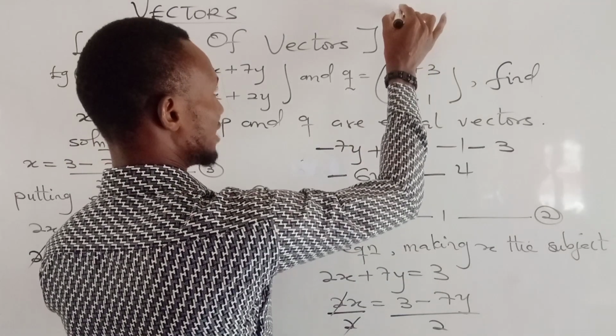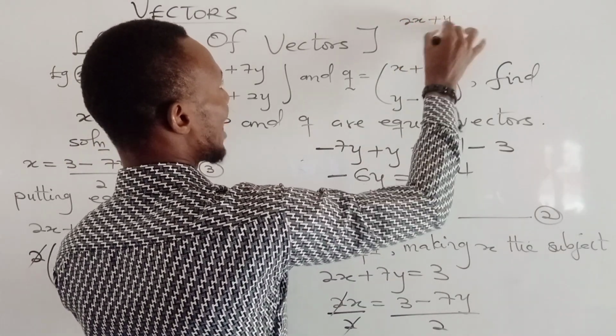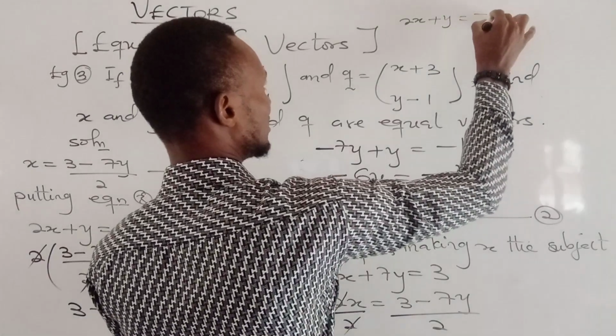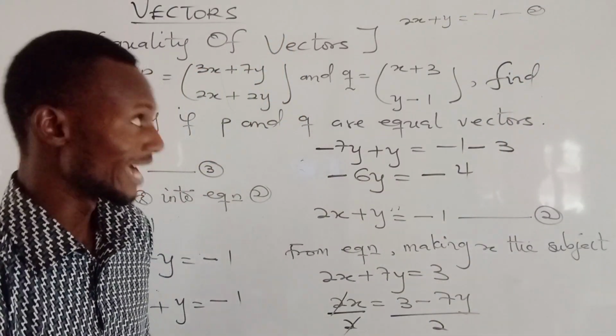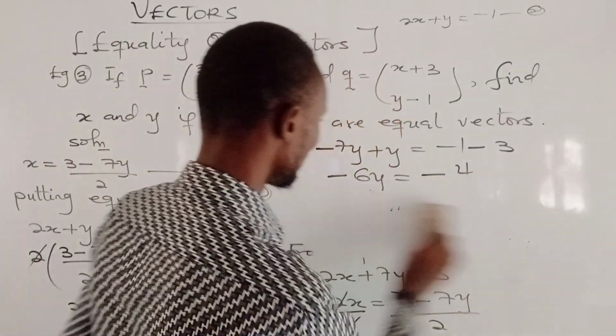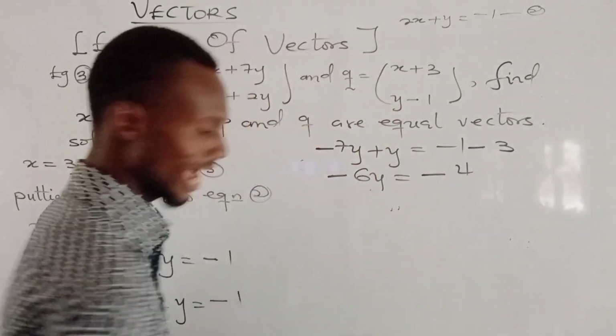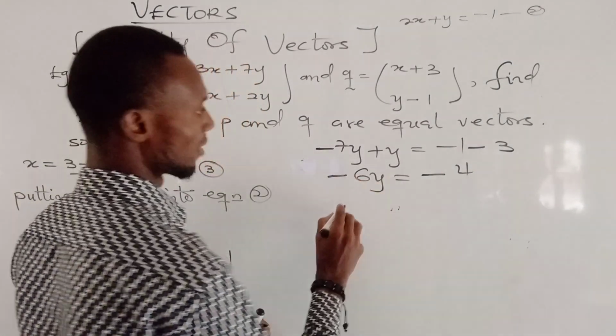So let me write it here. So I have 2x plus y equals to negative 1. That is the equation 2. Okay, so that I can clean it so that we have more space to solve for the value of y from this equation. So let's continue from here.